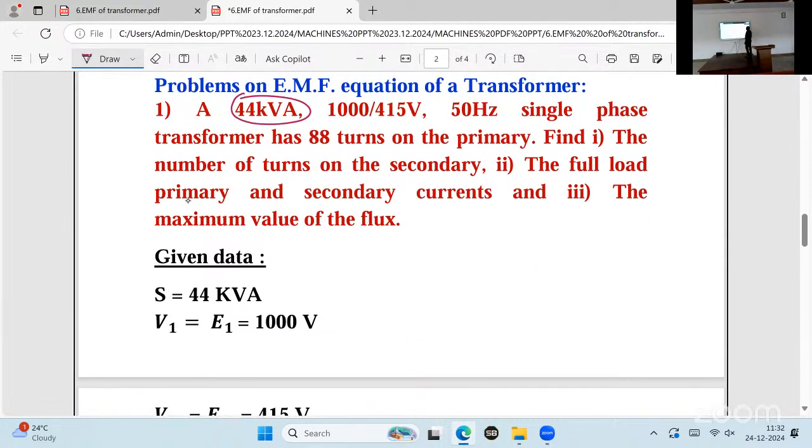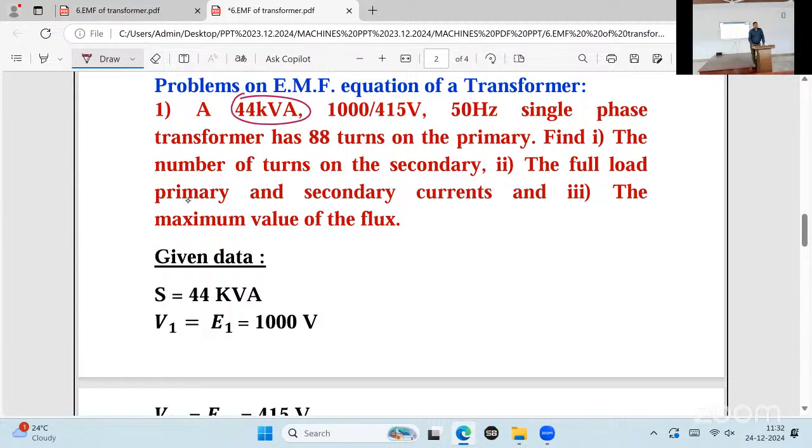S is called apparent power. How did you get S? From Unit 1, AC circuits.